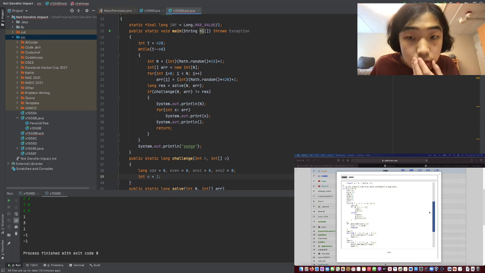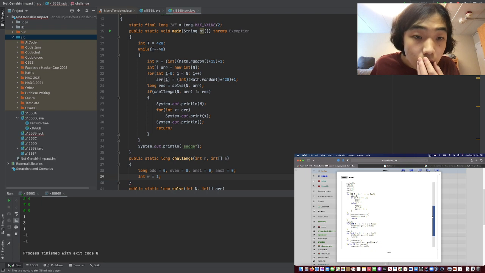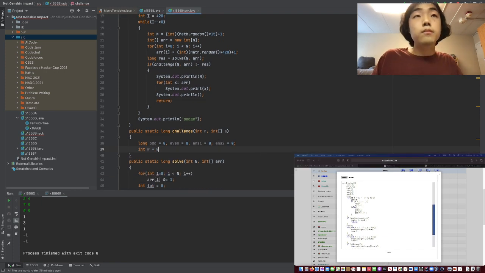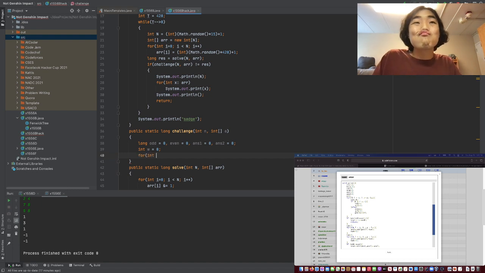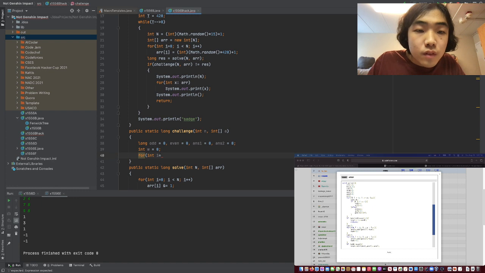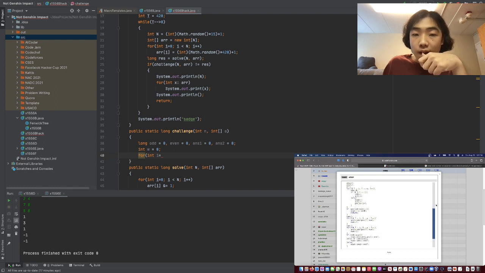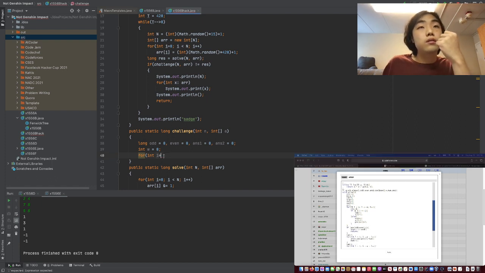Oh wait, did he? Oh, he's doing it zero indexed. Okay, whatever, that's fine. Wait, what's position at W++? Pos, oh, okay.